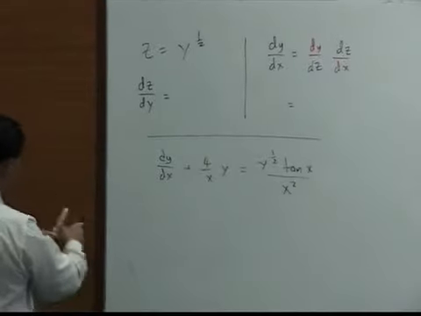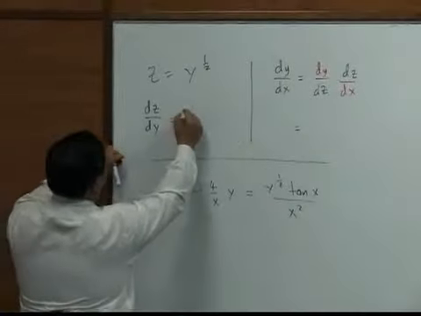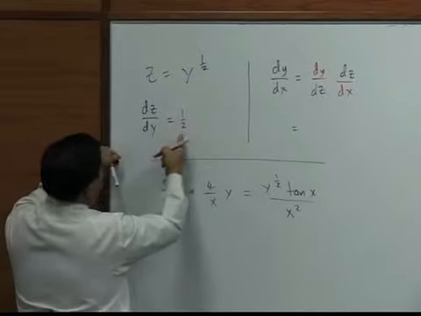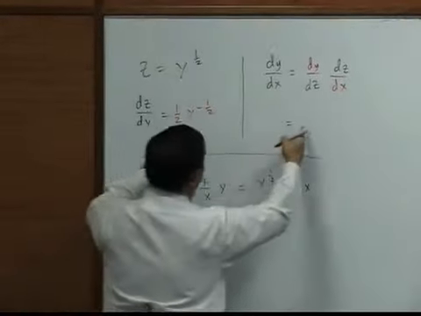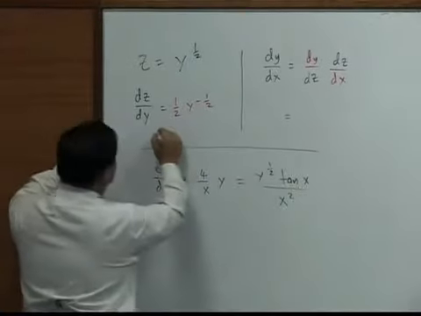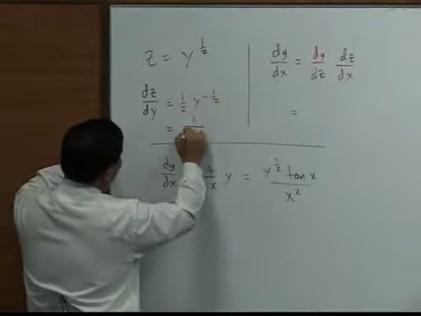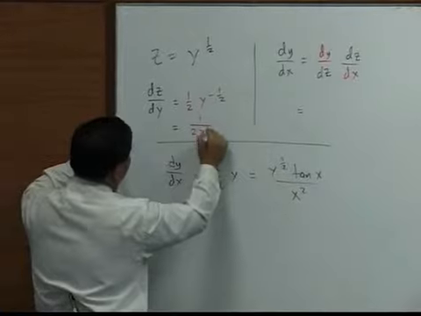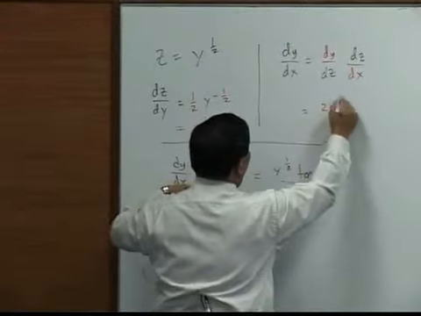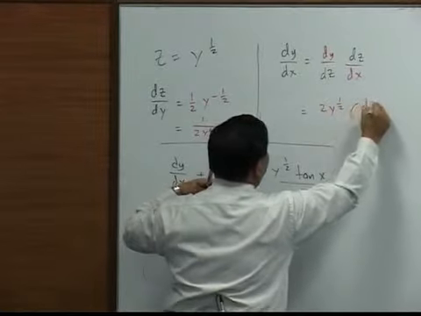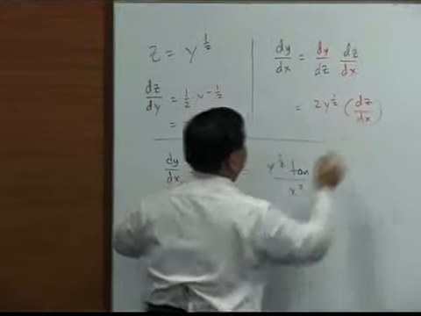Try to do this first. What should you get here? You should get a half y power of minus half. This is actually 1 over 2 y power of half. If you invert this, you should get 2 y power of half times dz dx.